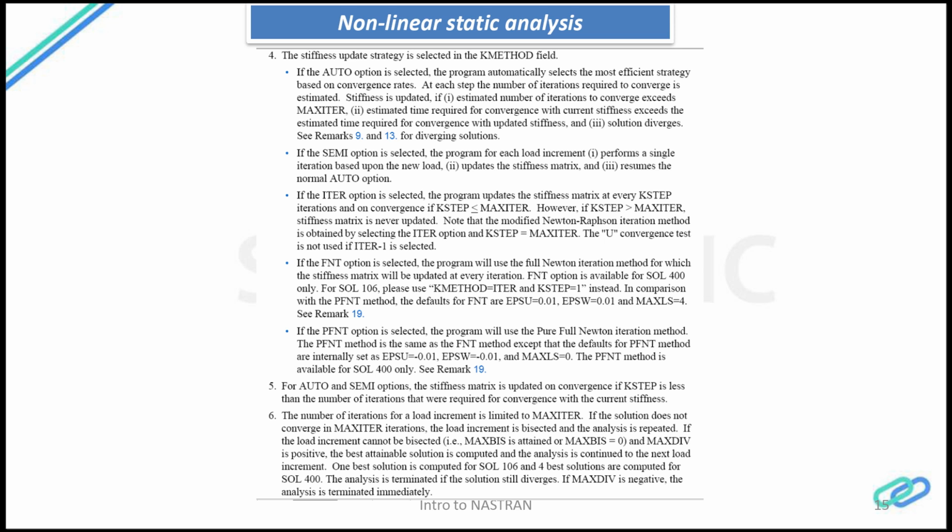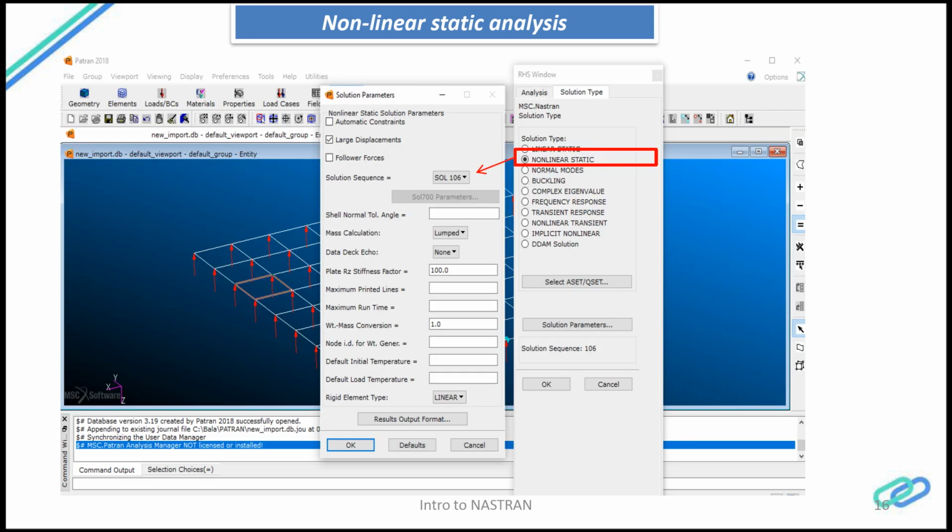ITER, the iterative method, is also a very efficient one. So we know that the nonlinear static run requires solution sequence 106, and if it is a large displacement problem, then you have to select large displacement.